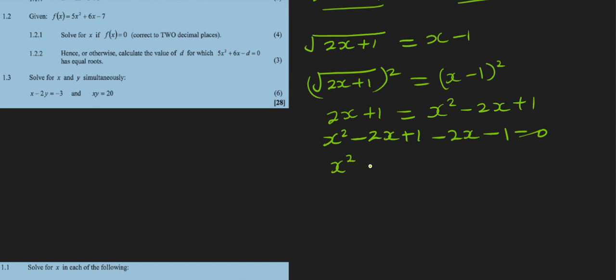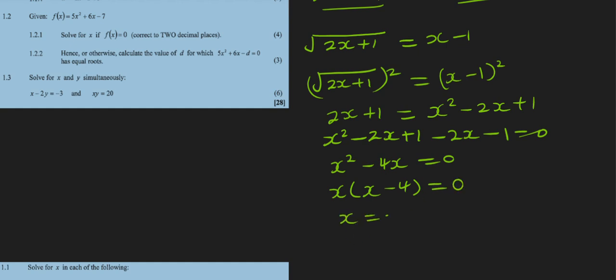So on this side, we are going to have x squared minus 4x equals 0. Looking at these two terms, we have a common factor of x. If we take out x as a common factor and divide x squared by x, we remain with x. Divide negative 4x by x, we remain with negative 4, equals 0.